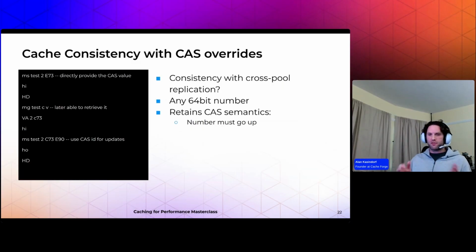And so if we're trying to replicate our cache between data centers or AZs, we have no way of ensuring that the data in A and B match, or being able to check that later, or do any kind of reconciliation or offline reconciliation. But with this, you can, because now we're controlling what the value is for this CAS, for this extra ID, and you can check that later.